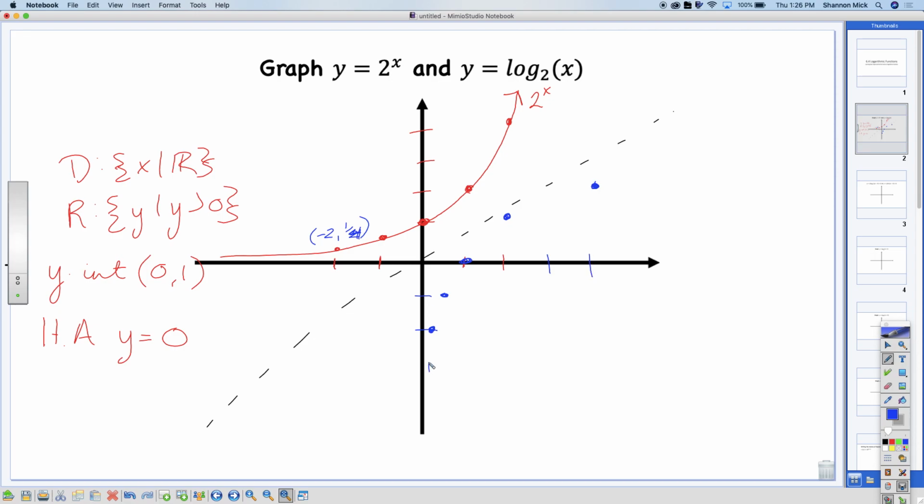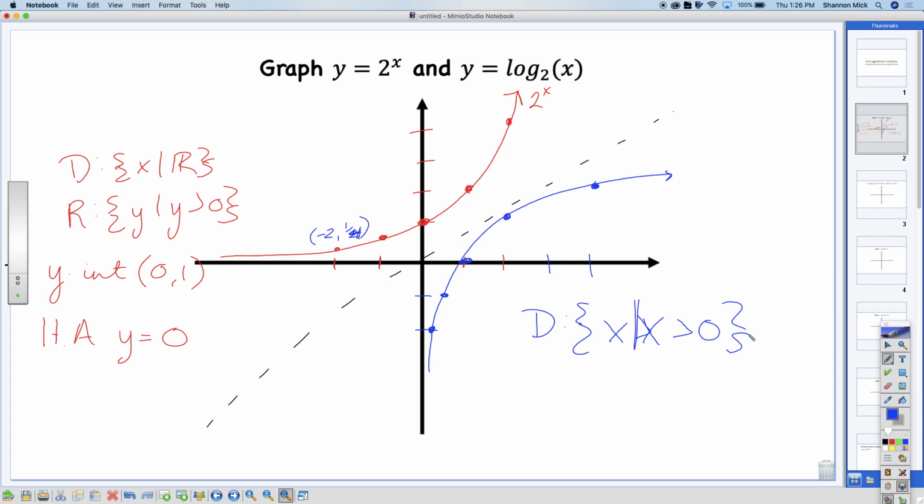So the graph is going to go like this. What is my domain of this? X such that x is greater than 0, because my range and domain are switching places, yes?